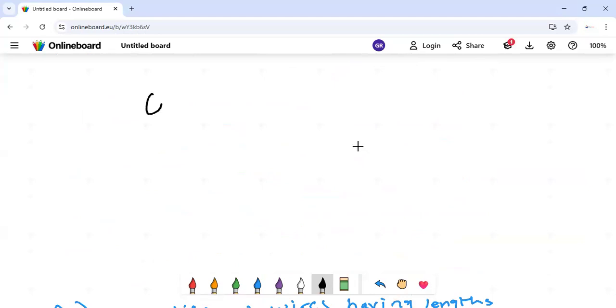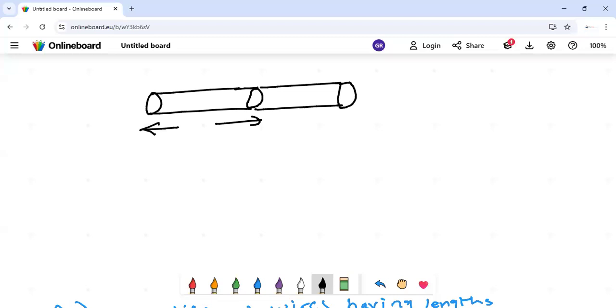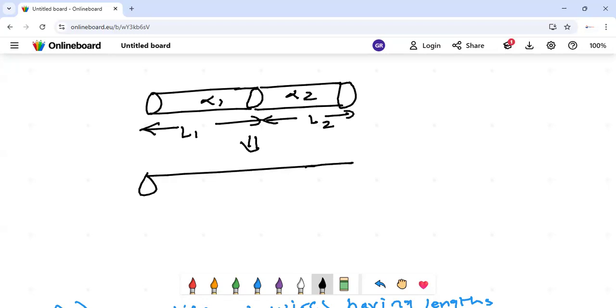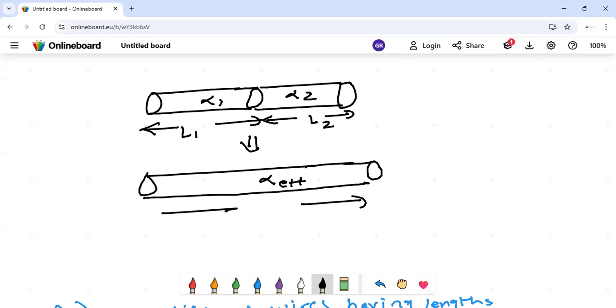since we are joining the rods end to end, so this is L1, alpha 1, and alpha 2, L2, and basically for the effective one, we have to take a similar rod, alpha effective, and the length will be L1 plus L2.